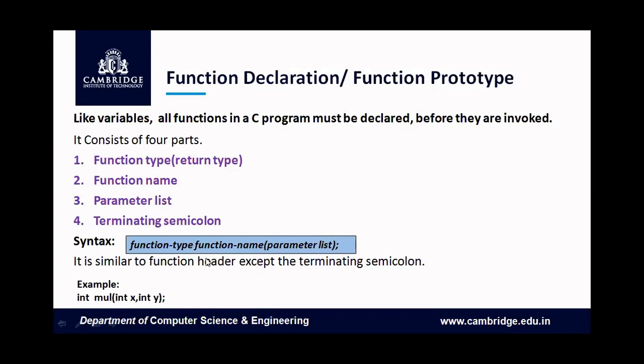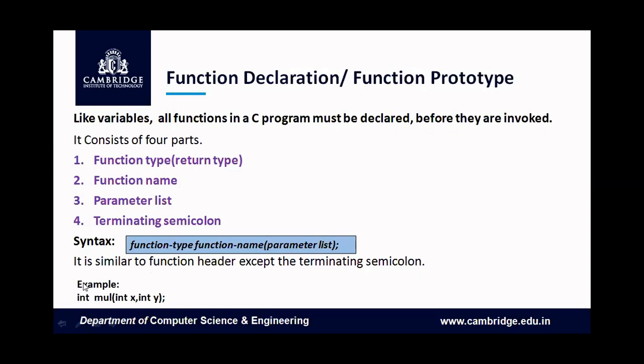Remember always one thing, these 1, 2, 3 are the same as your function header. Just now I explained what a function header is. Write it the same as your function header, with just one extra thing, that is the semicolon. It is similar to a function header except for the terminating semicolon.